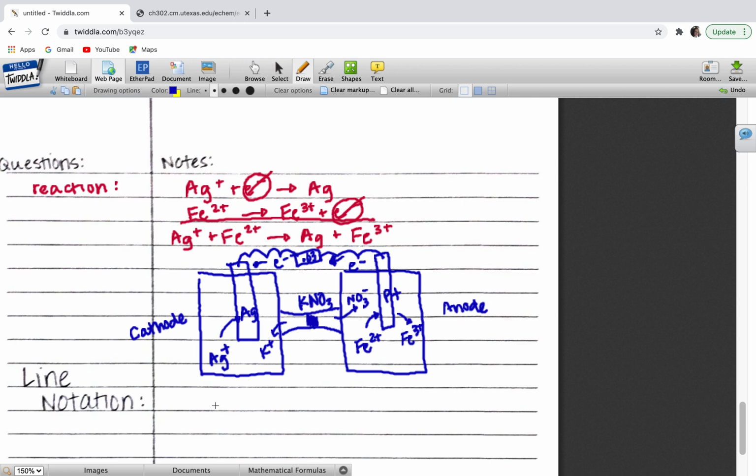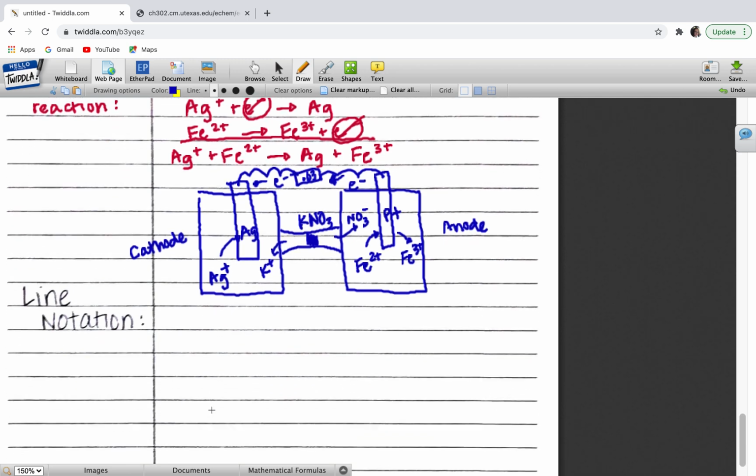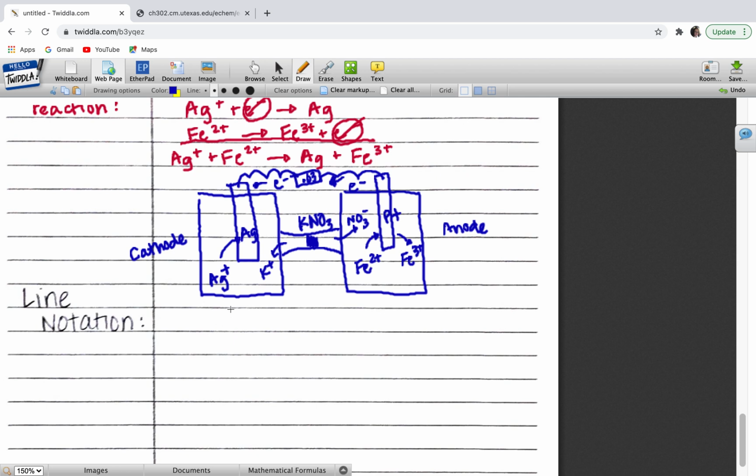Now there's a way that we can describe it without drawing the whole picture. We can describe it using line notation. Line notation is going to go from anode to cathode and describe it very simply. What's happening here? Ag+ becoming Ag, Fe2+ becoming Fe3+.